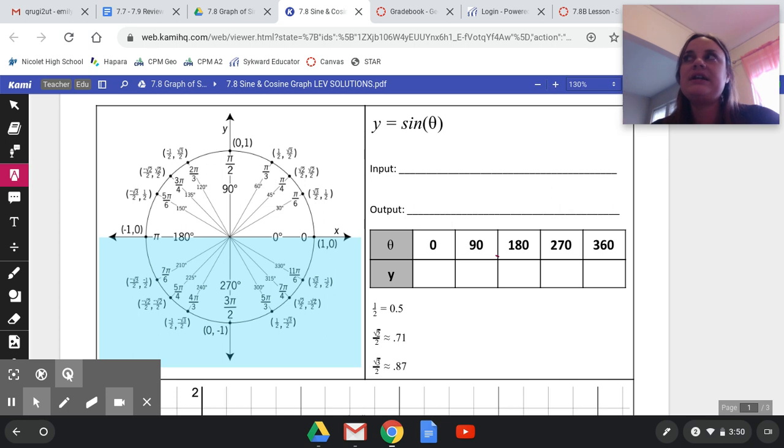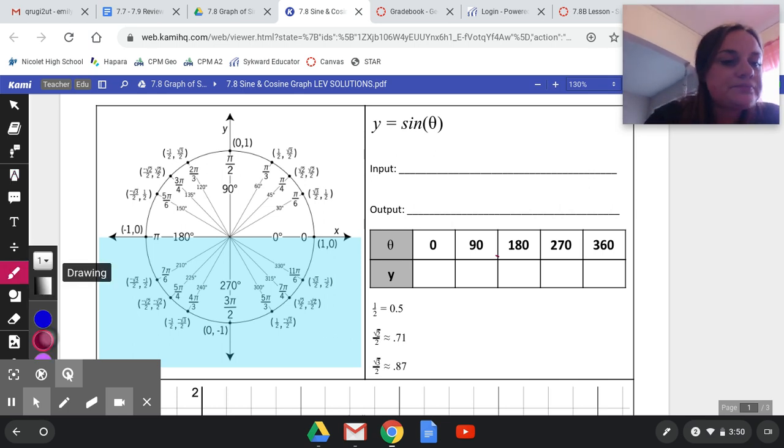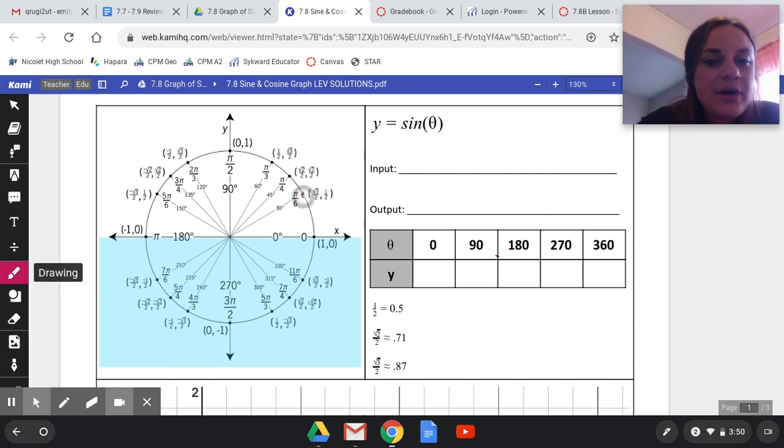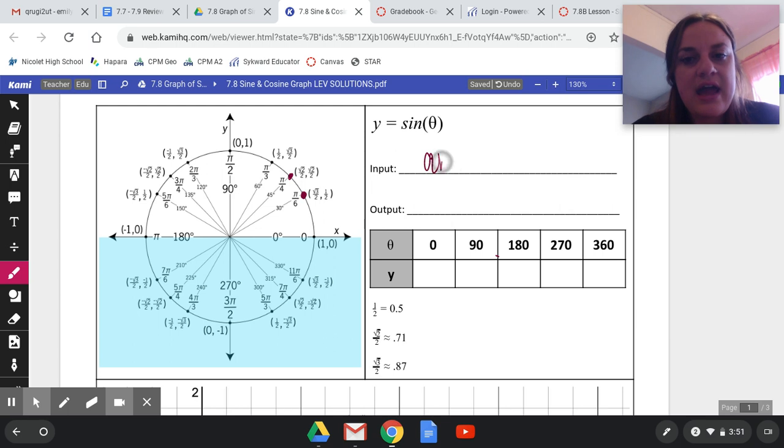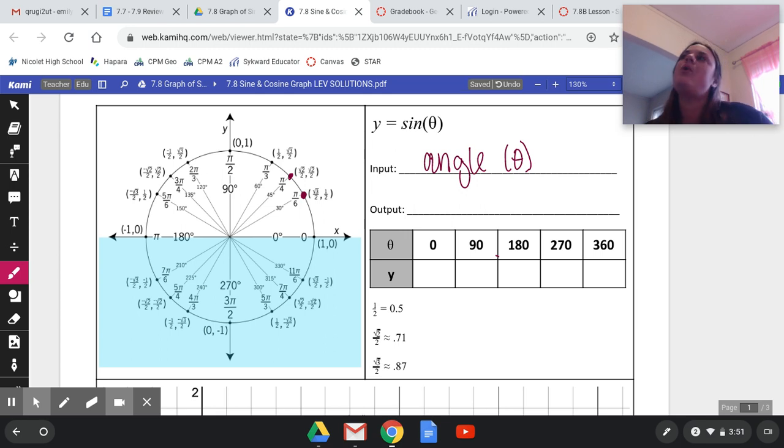So here's what I need you to think about. Your position is created by your angle. The angle that you make, where your cart is, these little dots, is your input in the graph. So the angle, theta, is your input, all right? Your output is how high above the ground you are.